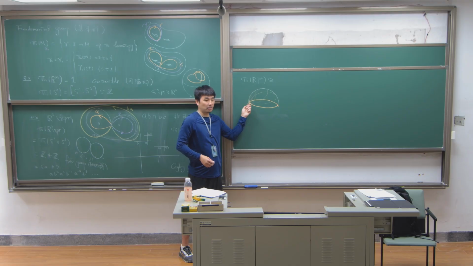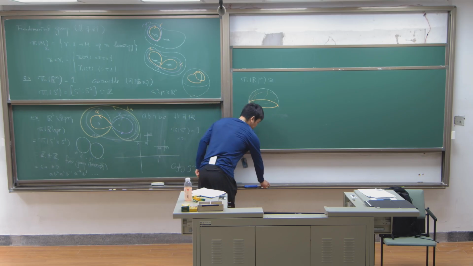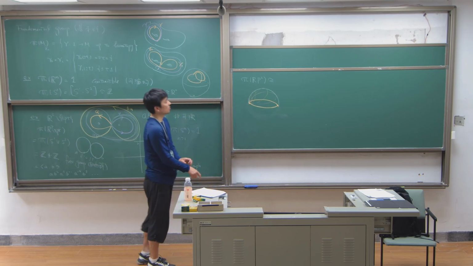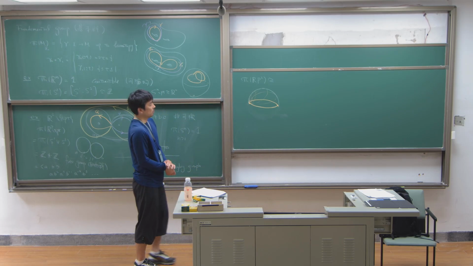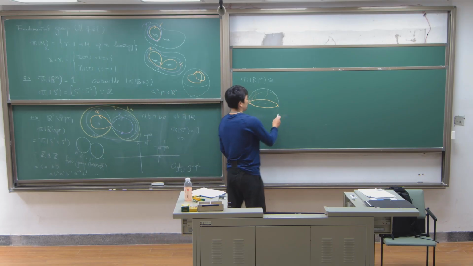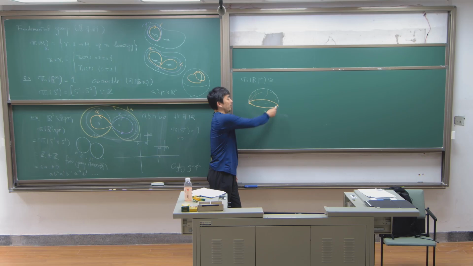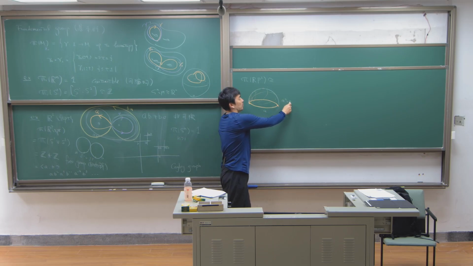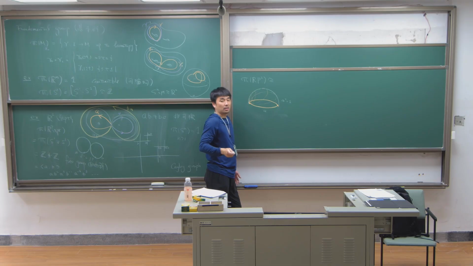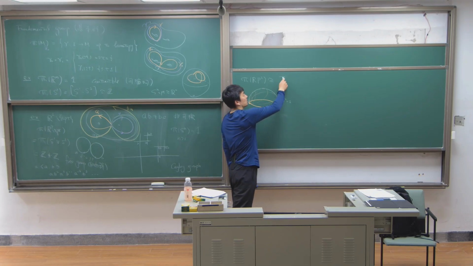Do you understand? It becomes trivial. So if you have an element A, but A squared is trivial, then this is called Z2.